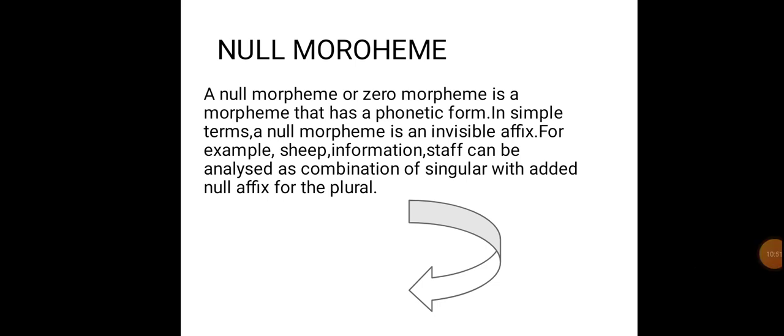Now, null morpheme. A null morpheme or zero morpheme is a morpheme that has no phonetic form. In simple terms, a null morpheme is an invisible affix. For example, sheep, information, staff can be analyzed as a combination of singular with an added null morpheme for the plural.